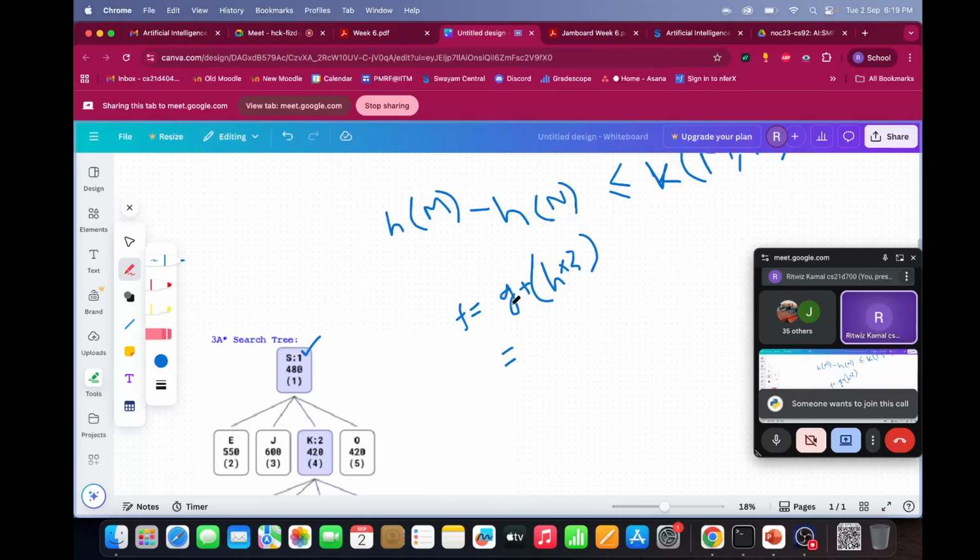So the true cost is 0 plus, if I remember correctly, 160 was the heuristic value associated with S. That gives us 480.